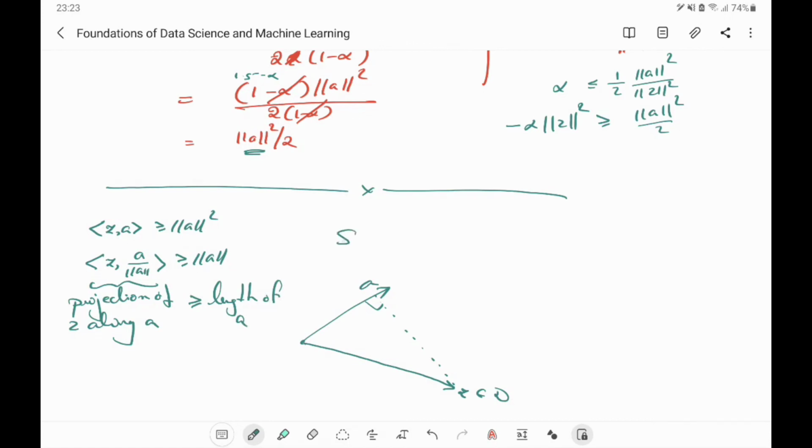Now how will we prove? Suppose not. Suppose this was not true, then that means there exists a vector z in D, A is also in D, D is a convex set, such that the projection of z along A, okay, so that's why I have drawn a perpendicular here to A, this is the projection of z, this is your z dot A by norm A, that is smaller than the length of A itself, right? Then what happens?